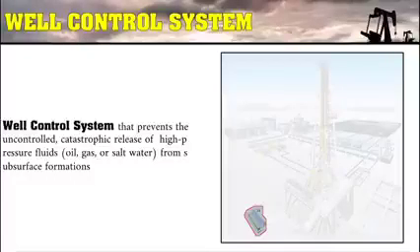A blowout begins as a kick, the entry of subsurface formation fluids into the wellbore. What distinguishes a kick from a blowout is that a kick can be controlled, while a blowout is uncontrollable.